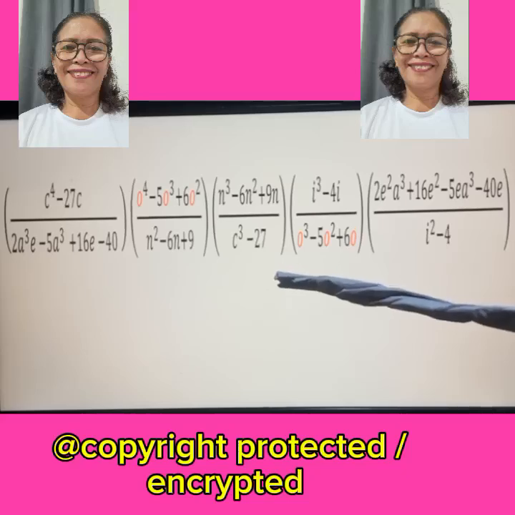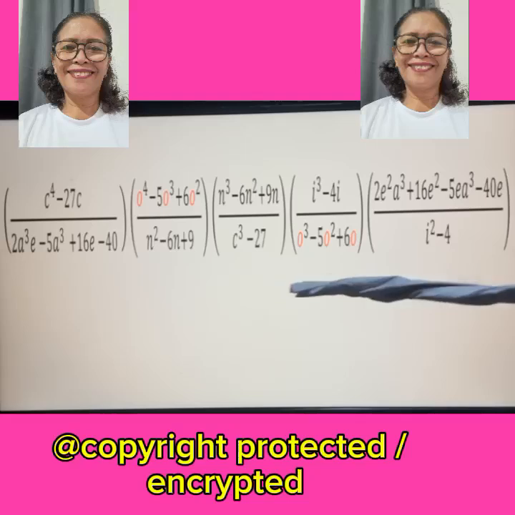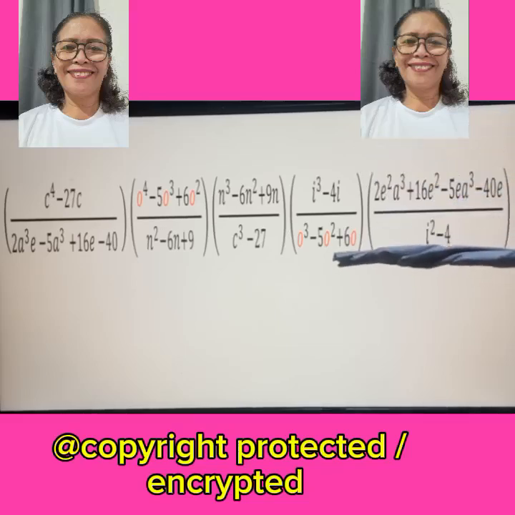The next letter is letter N. We have n cubed minus 6n squared plus 9n divided by c cubed minus 27. Then, next letter is I cubed minus 4i divided by O cubed minus 5O squared plus 6O.